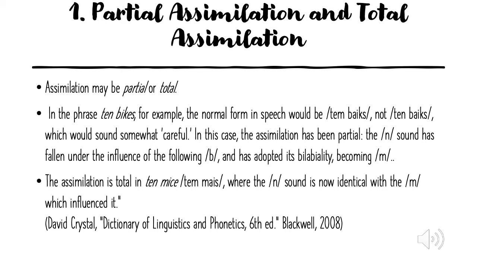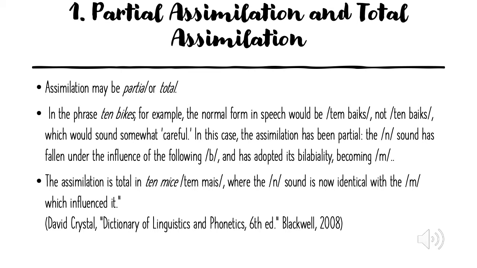Now, this is different from the change that n, the same n, undergoes in another phrase, like "ten mice." In connected speech, the n of "ten" here, in all probability, would move very close to the m of the next sound. So it would be "tem mice." "Ten mice in that room." It's not "ten mice," but it's "tem mice." The n becomes m.